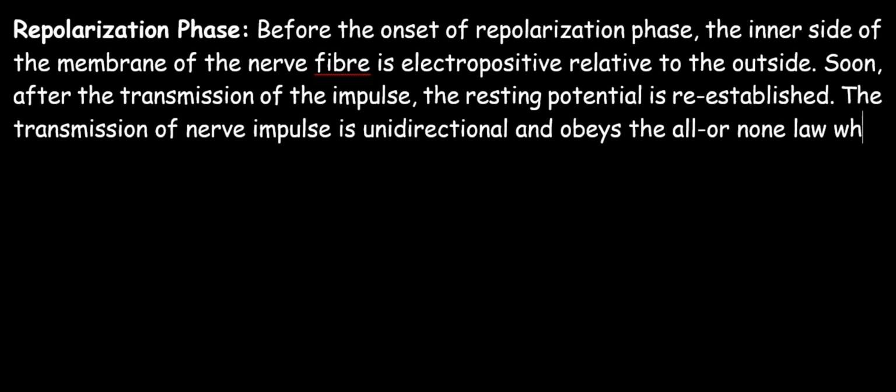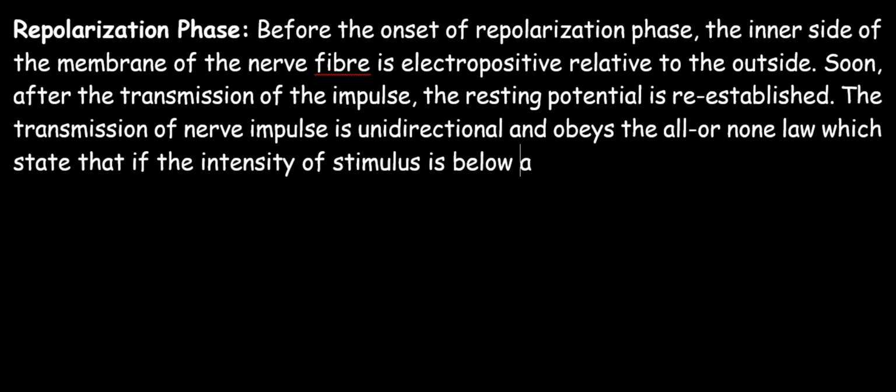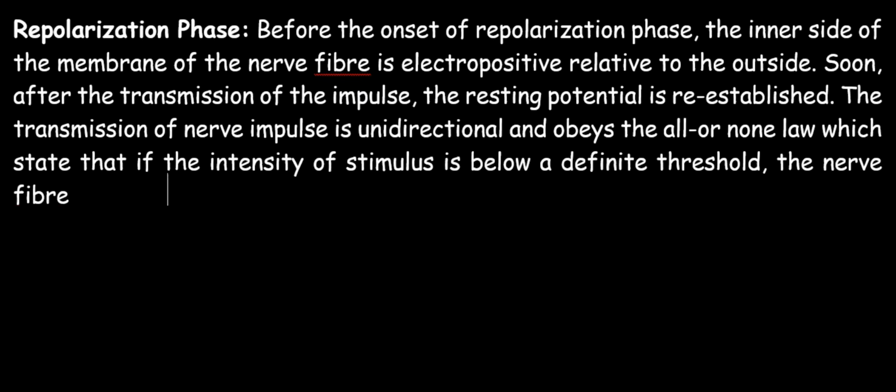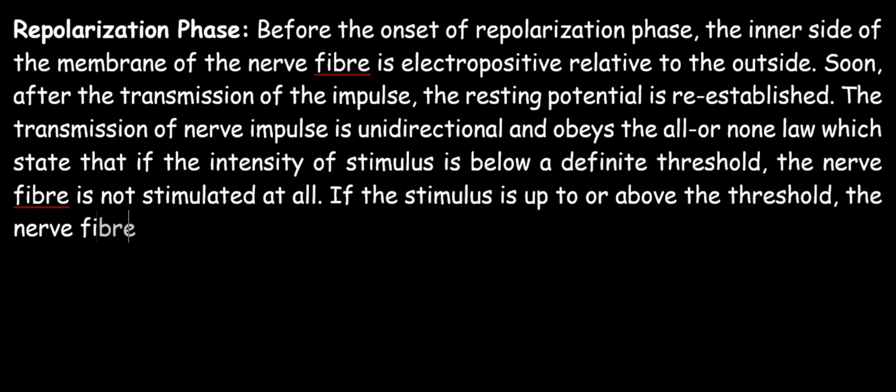The all or none law states that if the intensity of the stimulus is below a definite threshold, that is a definite value, the nerve fiber is not stimulated at all. And if the stimulus is up to or above the threshold, the nerve fiber is stimulated to a full action potential.